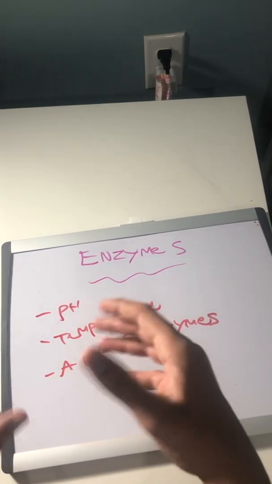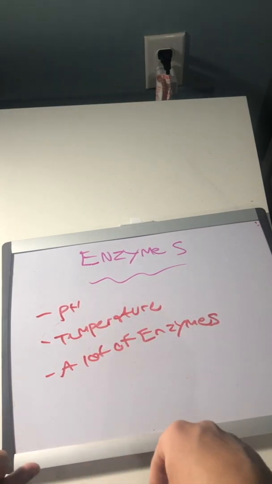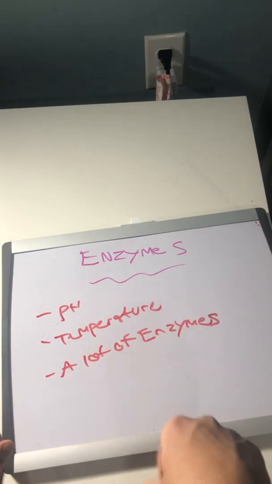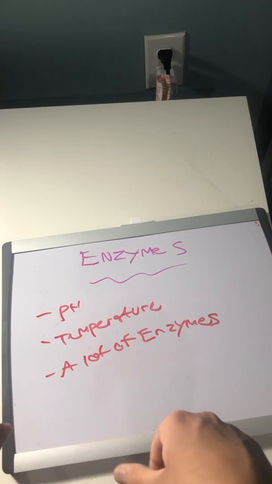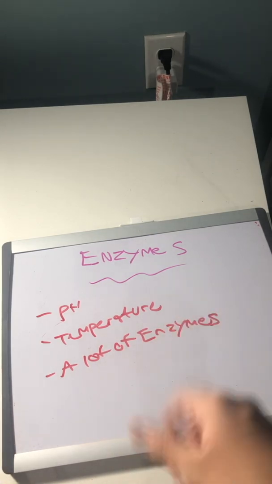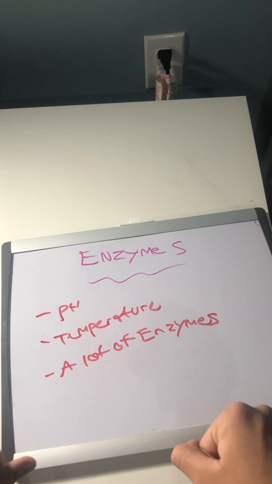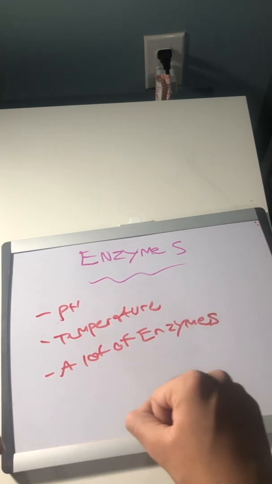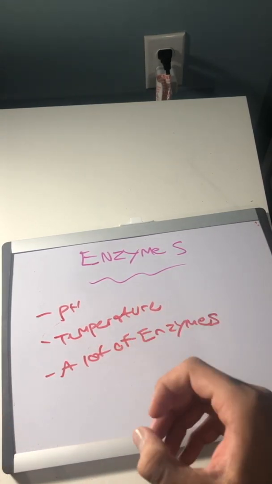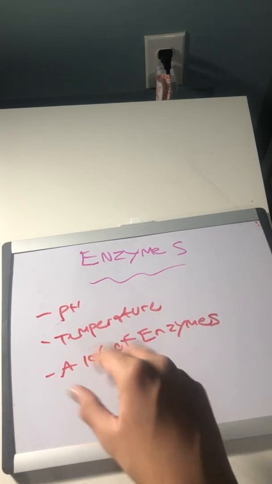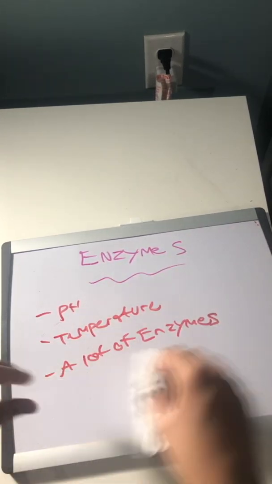The main point of enzymes is they lower the activation energy for most reactions. The lower the activation energy is, the faster the enzymes speed up the reactions, by a significant amount actually.